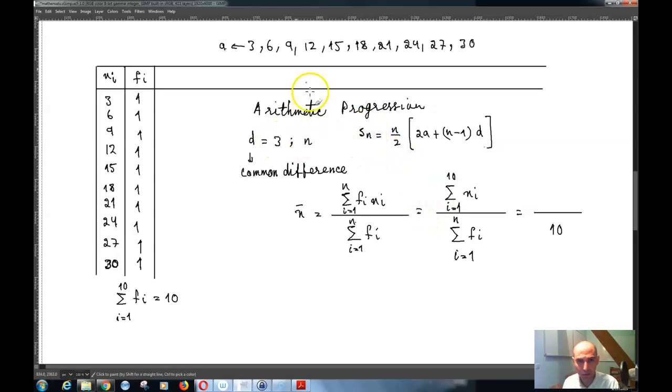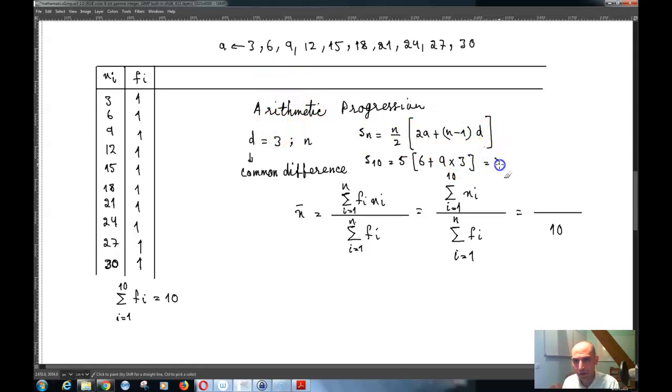So since n is equal to 10 here, I can write S of 10 is equal to 10 divided by 2, which is equal to 5, times 2 times a, which is 2 times 3 is equal to 6, plus n minus 1, which is 10 minus 1, which is equal to 9, times d, which is 3 in this case.